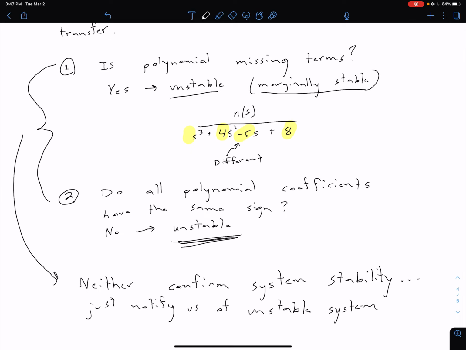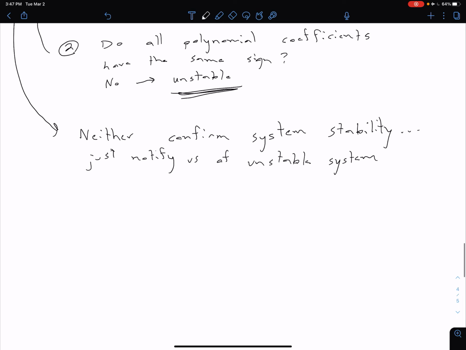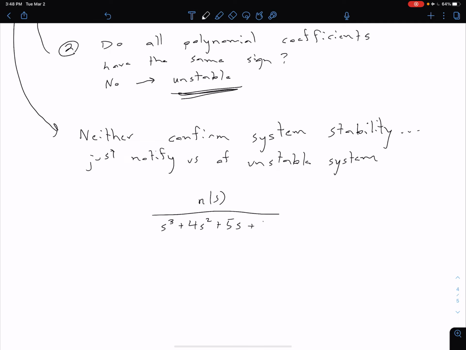So what that means is maybe we have a system where we have some numerator polynomial n of s, and again, I'm just randomly putting numbers, so I don't know if this is necessarily stable or unstable, but if we had, for instance, s cubed plus 4s squared plus 5s plus 8, we can't say right away whether this system is stable or unstable.